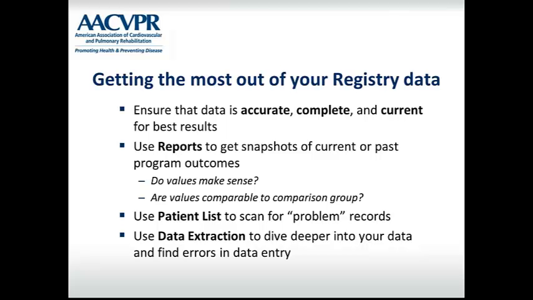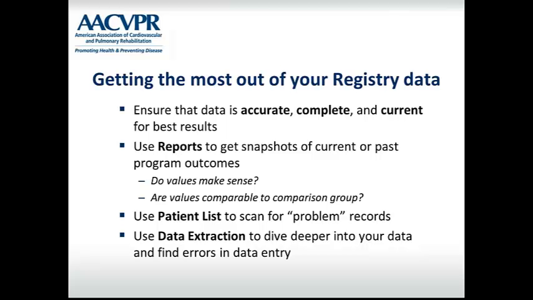You can use the reports to get snapshots of current or past program outcomes, and when you use those reports, look through them. Do those values make sense? Are the values comparable to the group that you're comparing to? If not, you may have to go in and make sure that your data is accurate.